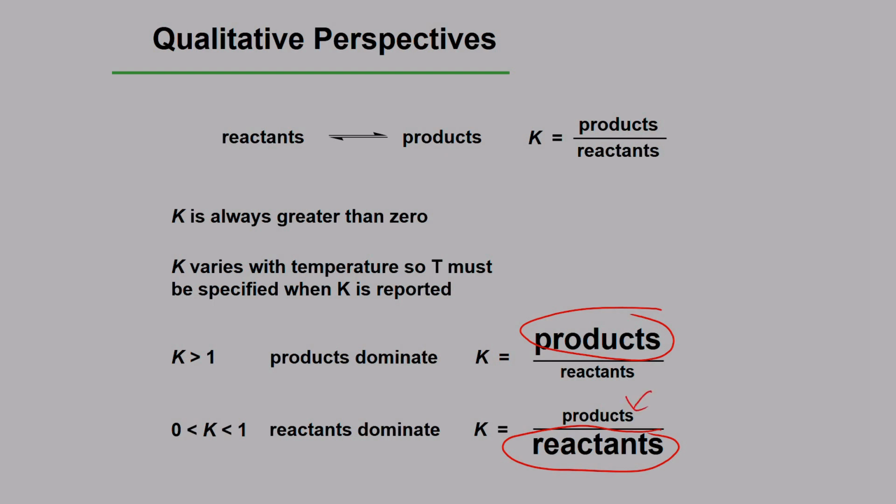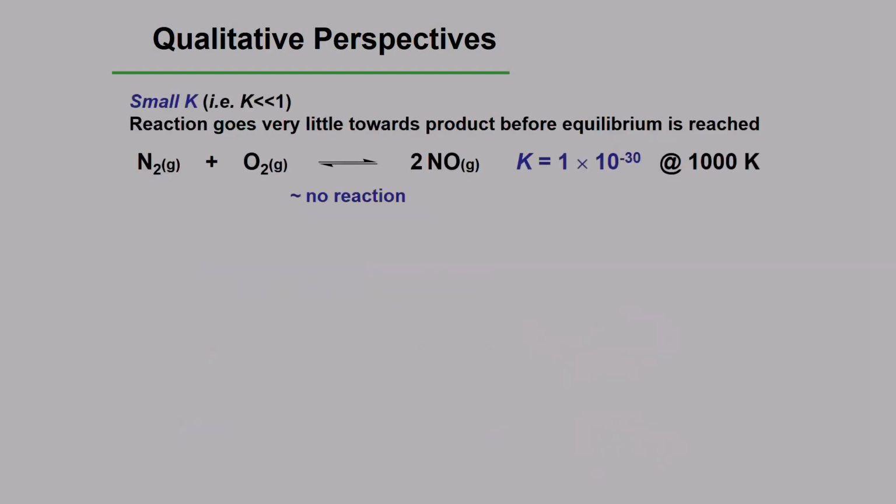So this gives us a very quick way of understanding which side of the reaction will be favoured just based upon the equilibrium constant. So for a small K, I've given the example of nitrogen reacting with oxygen to produce NO, that K is 1 by 10 to the minus 30 at even 1000 Kelvin. This means that basically no reaction is actually going to occur.